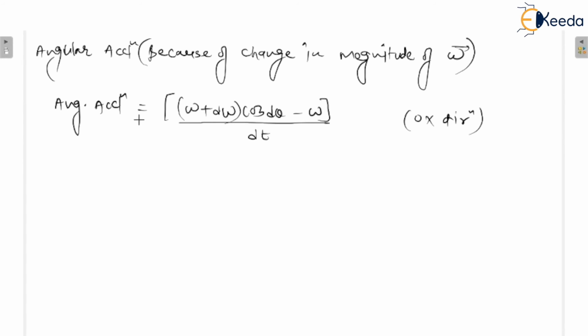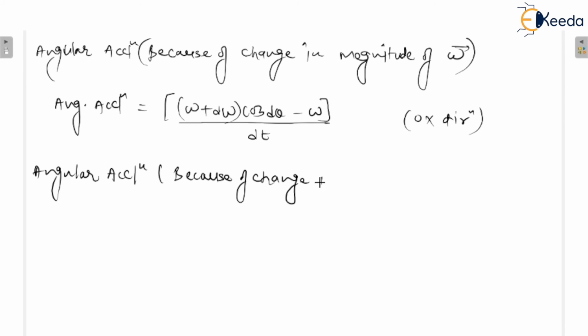If you want to calculate the angular acceleration because of the change in direction of omega, how can we calculate?